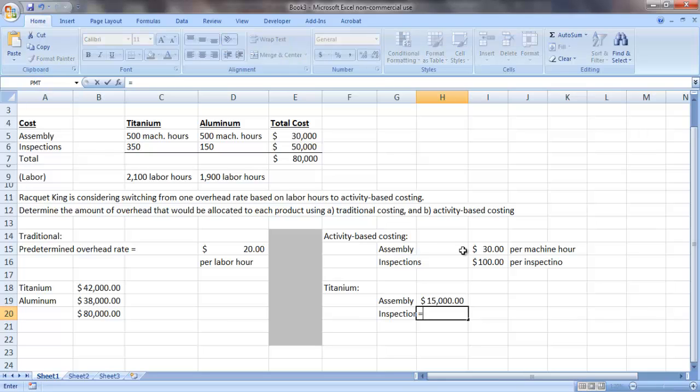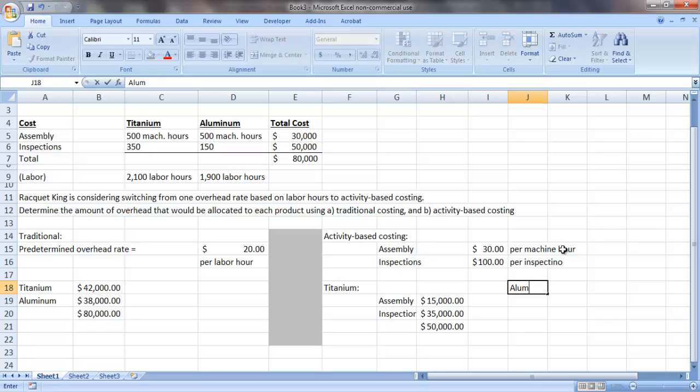Similar situation for inspections. Titanium product requires 350 inspections. So we multiply that by the activity rate for inspections, that $100 per inspection. And there we've allocated $35,000 based on the inspections cost pool. So in total, we've allocated $50,000 in overhead to the titanium product.